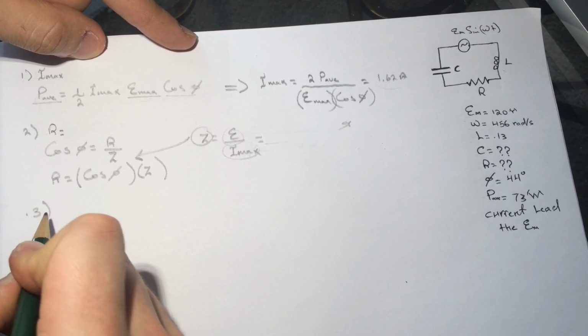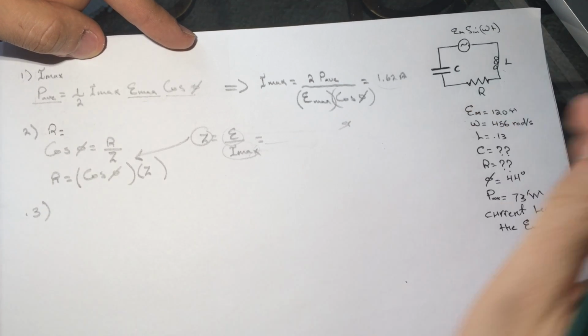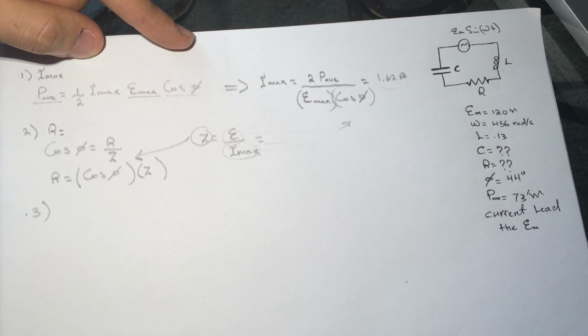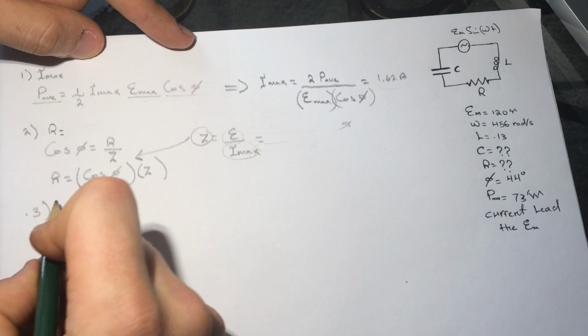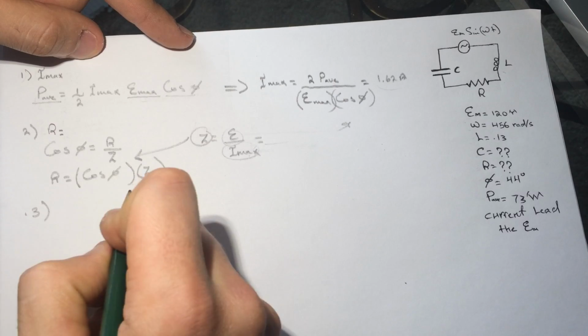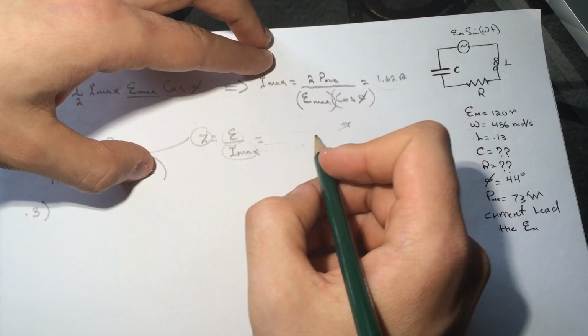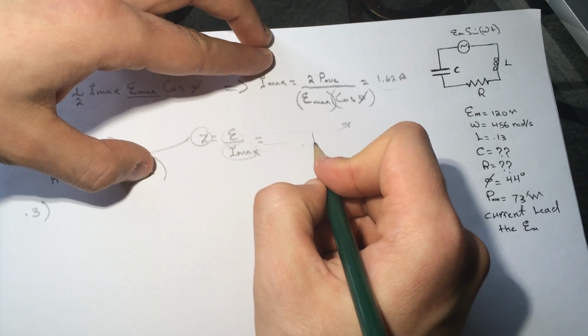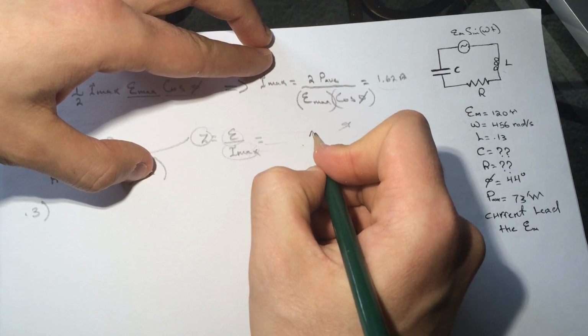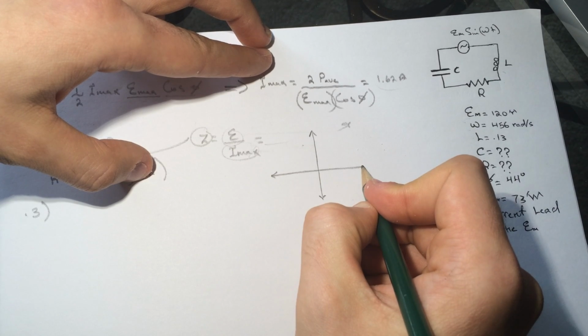Right, so question number 3, they're asking what is C, the value of the capacitance of the circuit. Okay, so let me draw the diagram for the phasors here.